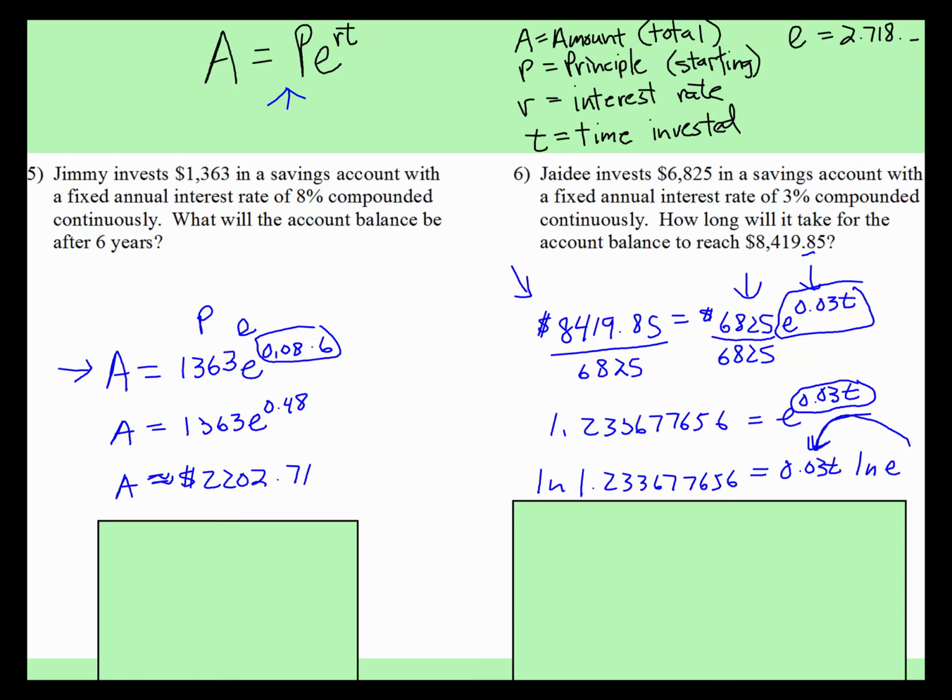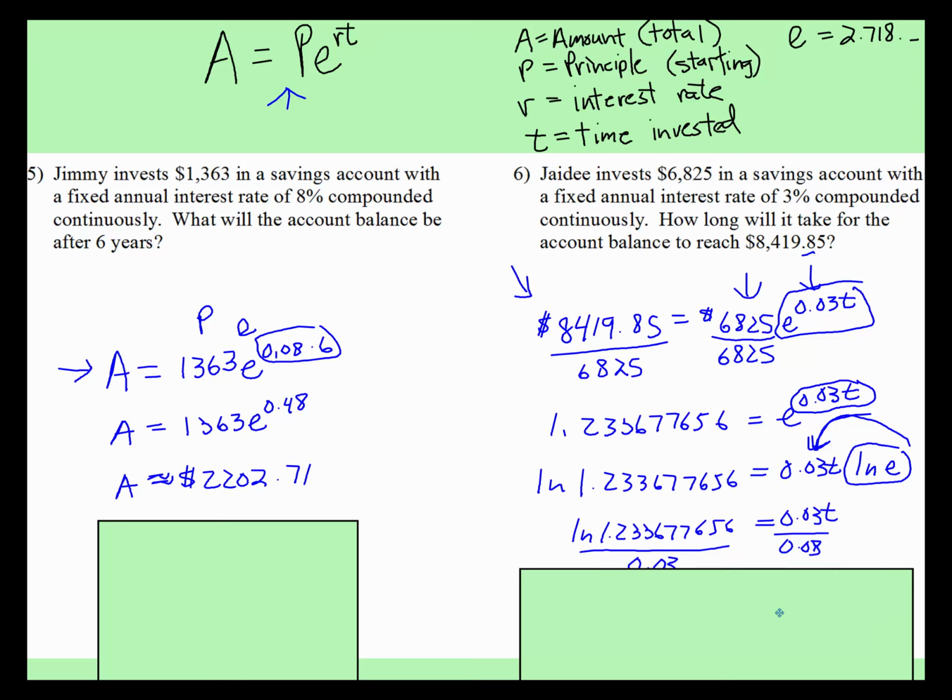Now, this natural log of e, that's just a value. Actually, if you type in the natural log of e, it cancels to 1, but let's pretend that you didn't do that. You divide both sides by it, because it's attached by multiplication, you can divide both sides.